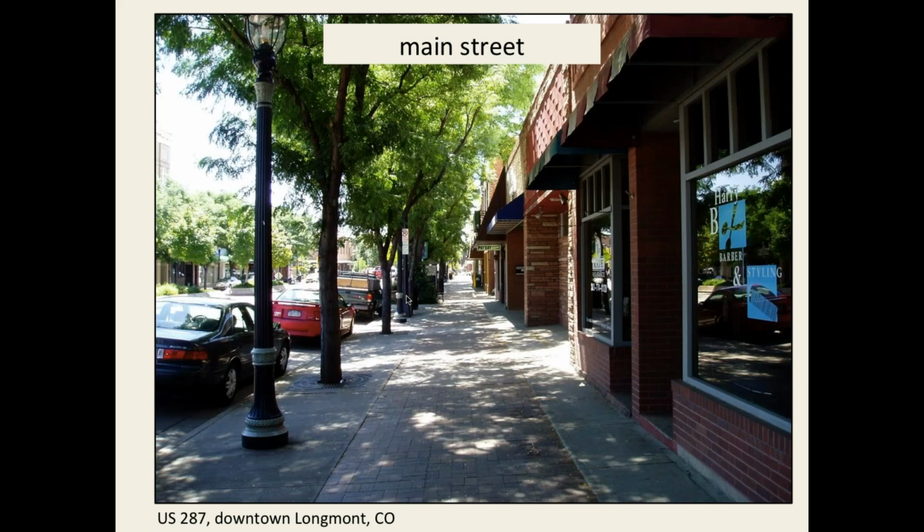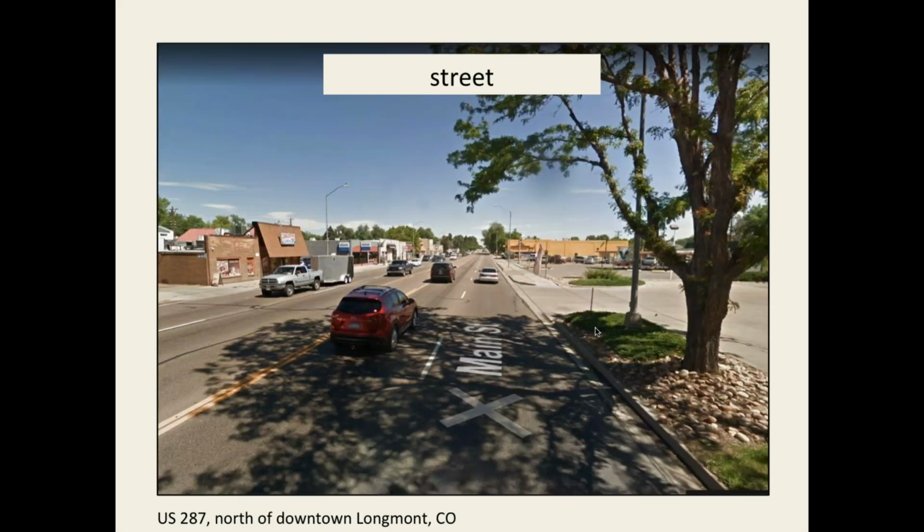And what we see is that we have now shifted our emphasis from moving traffic to providing a pedestrian walking environment, which has been done very skillfully in downtown Longmont. And so Main Street in Longmont is a place that's highly walkable. We're going to talk about elements of the sidewalk later, but anybody looking at this slide can tell that the businesses are healthy. The street is lovely, and this is a nice element of downtown Longmont.